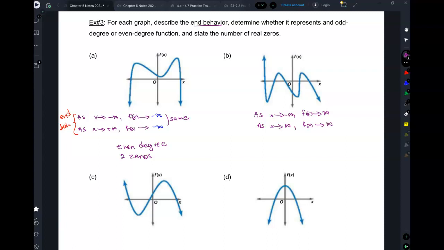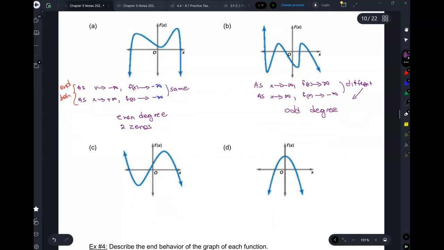Down to negative infinity. Are these two the same? They're different, so this is odd degree. How many zeros? 1, 2, 3, 4. 4 or 5? Count. 5 zeros.